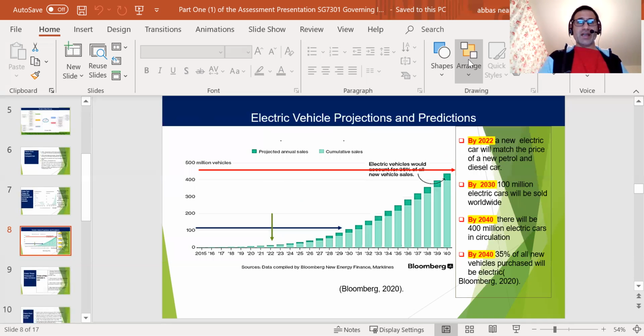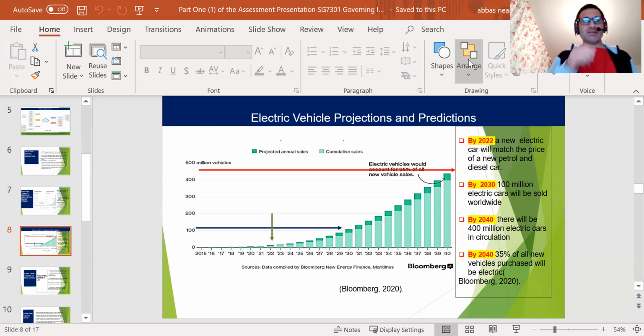Slide 8, electric vehicle projections and predictions. Vehicle manufacturers are competing to launch plans for manufacturing electric vehicles on a large scale. Climate change has produced increasingly strict regulation in Europe, and also in China, which has a huge potential market.